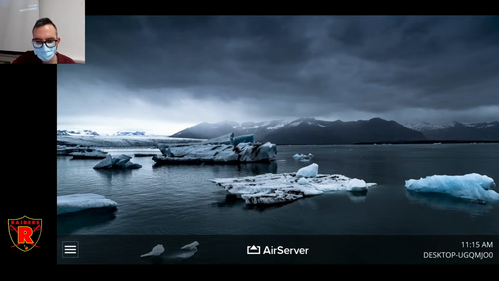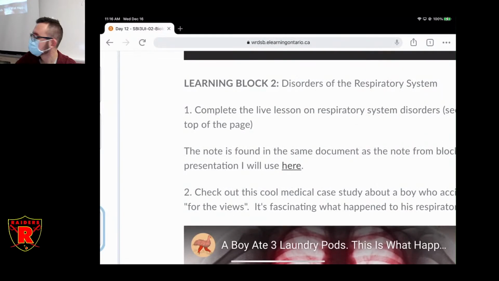Hotspot turn off? Yep, it did. There we go.